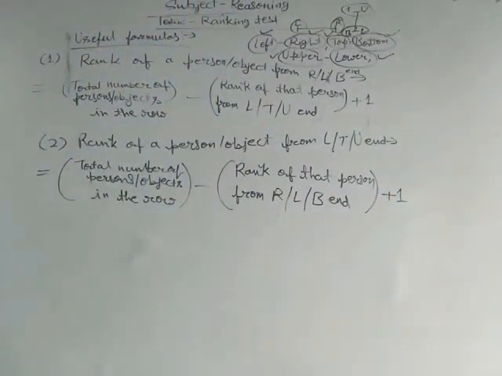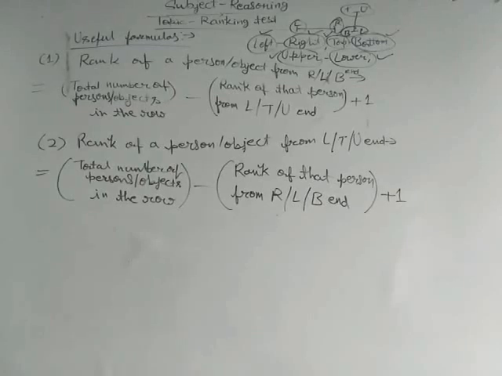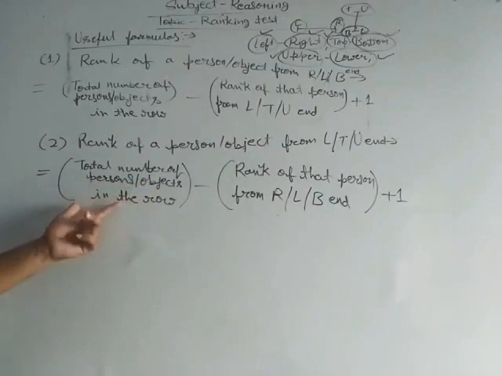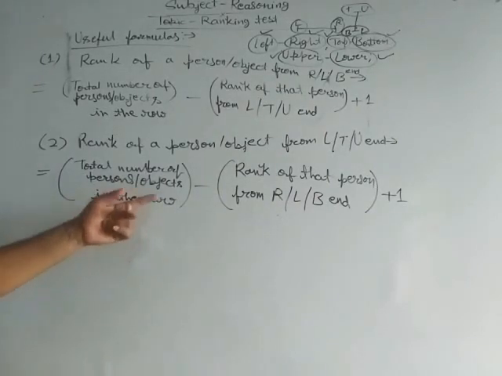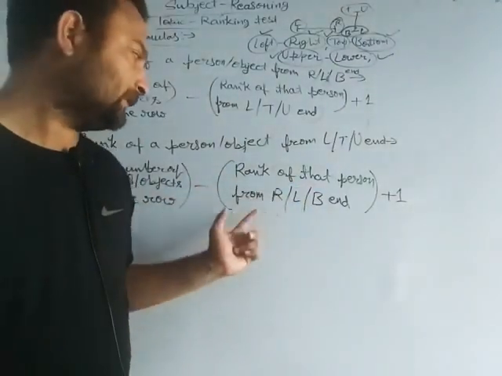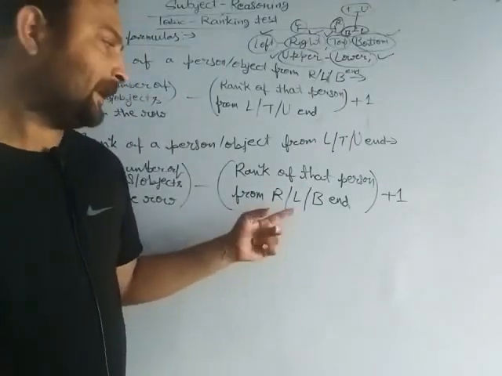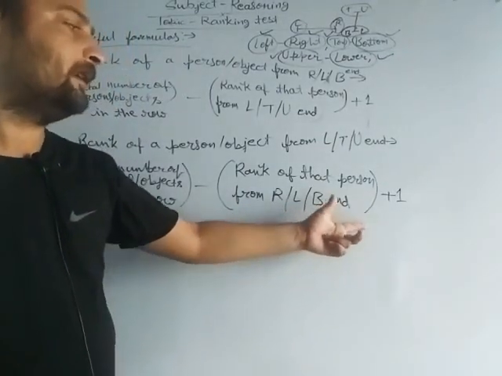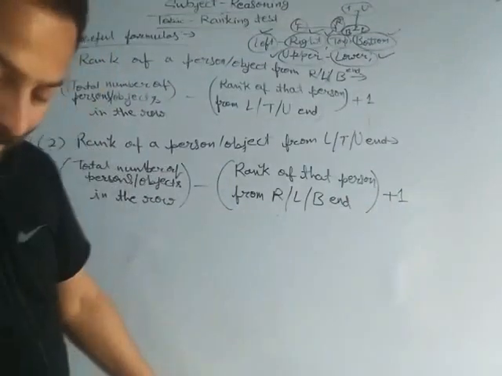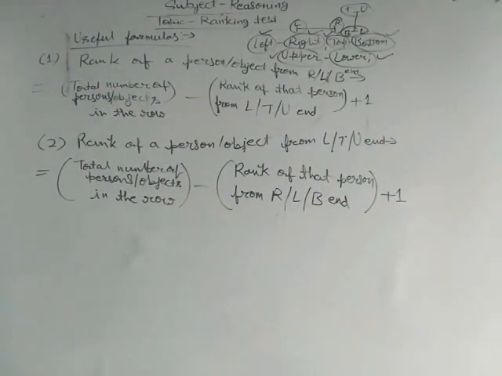It is the formula for rank of a person or object from left end, top end or upper end of a row: total number of persons or objects in the row minus rank of that person from right end, lower end or bottom end of the row, plus 1. So these are two formulas.